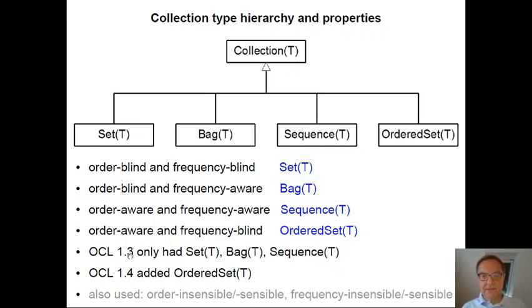And this step from OCL 1.3 to 1.4 was insofar a good step because, as we have discussed, there are these 2 criteria, namely the criterion for the order and the criterion for the frequency about insertion of elements, and they give this orthogonal classification.